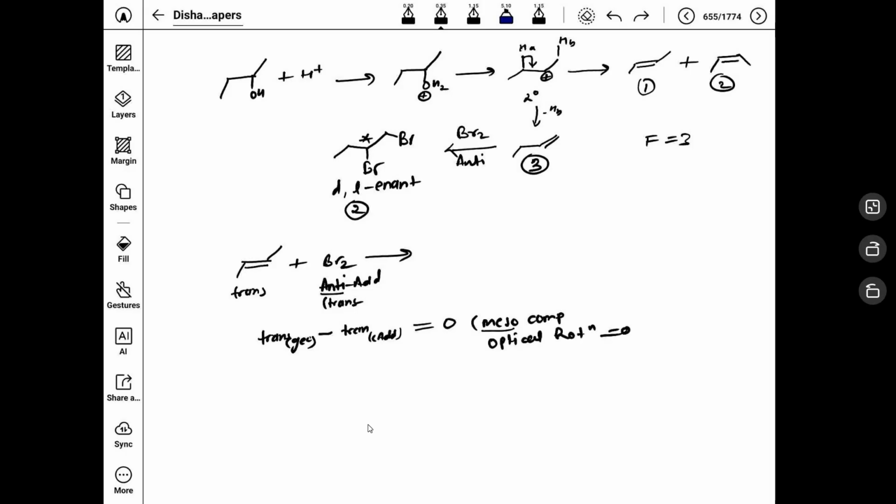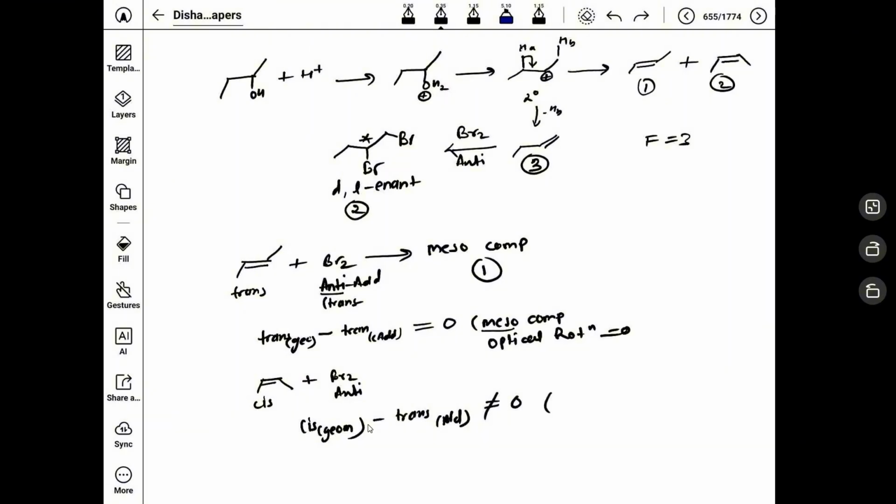Therefore this will be a meso compound and it will be only 1. Okay, now if you have cis geometry and it is bromination, which is anti, so cis geometry minus trans addition, you will get non-zero. So in this case you will have a racemic mixture.